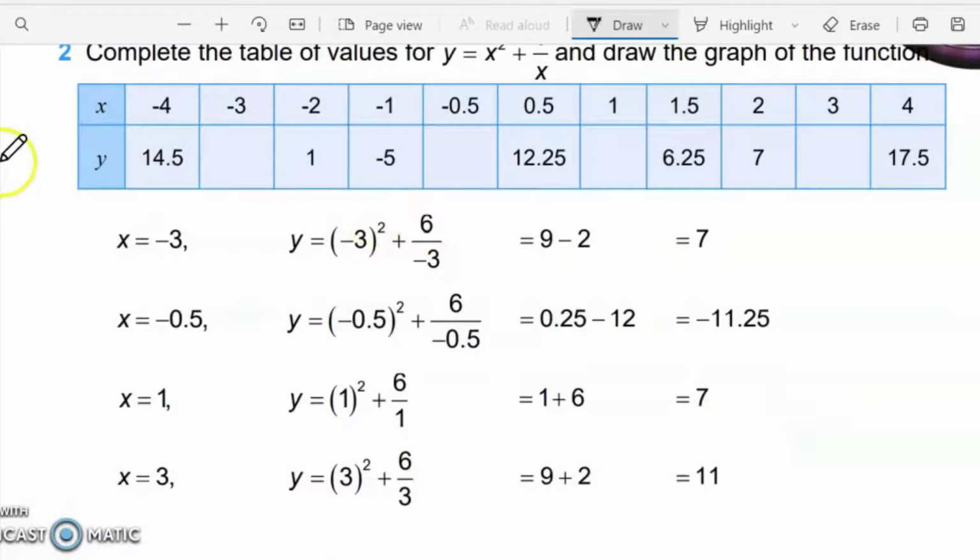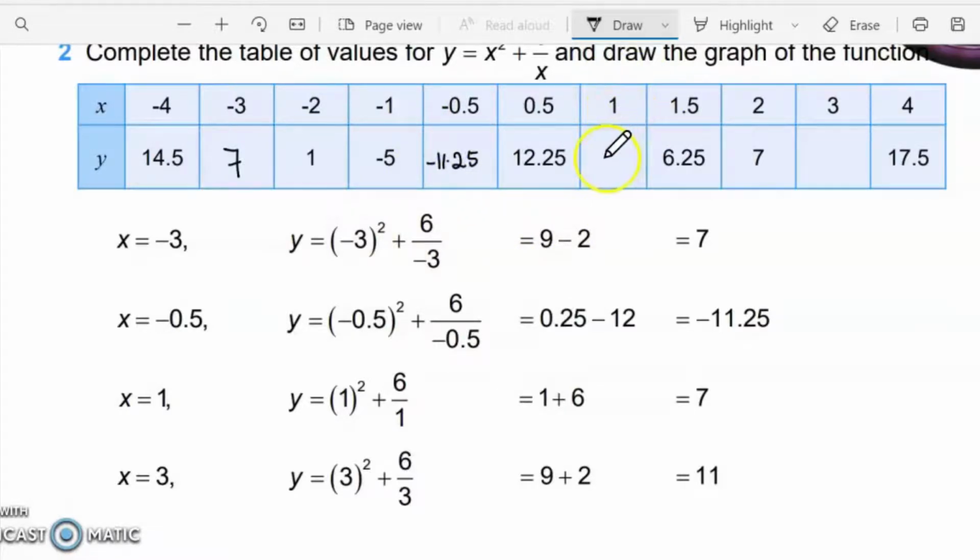From this table, we copy the table of values, and then we substitute the value x equal to negative 3 and we get 7. We substitute with negative 0.5 and then we get negative 11.25.